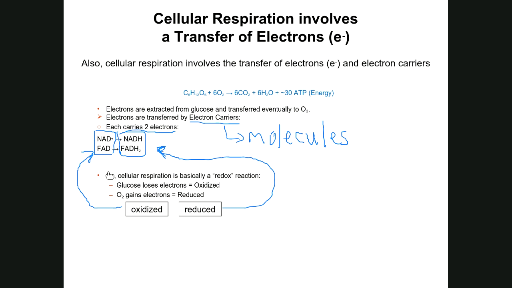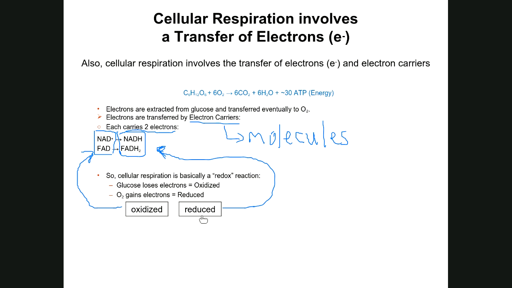Instead of writing NAD+, if I want you to know it's carrying or transferring 2 electrons, I'll rewrite it as NADH. If the electron carrier FAD has gained 2 electrons, I will rewrite it as FADH2. When you write them this way, you're giving them in their reduced form.